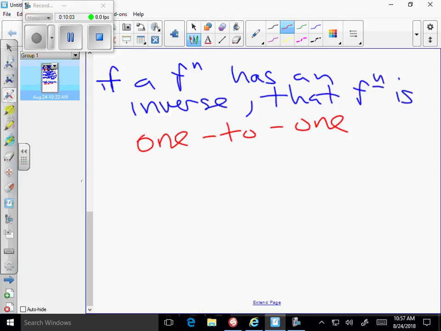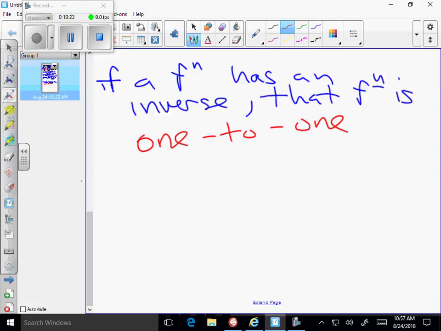I think it's important because these three words, one-to-one, and their meaning, people generally know by the end of class today and completely forget they ever saw them by the time we get to next Friday's test. So this would be something to put a star next to so you don't forget this vocabulary.